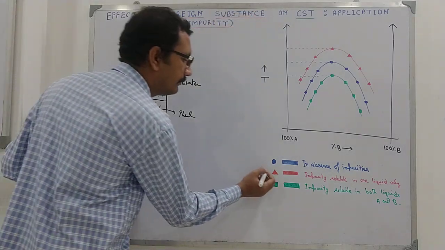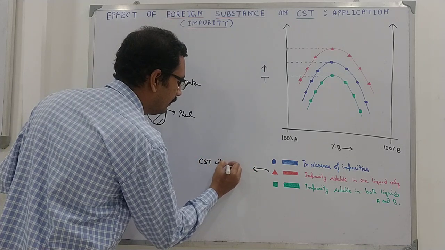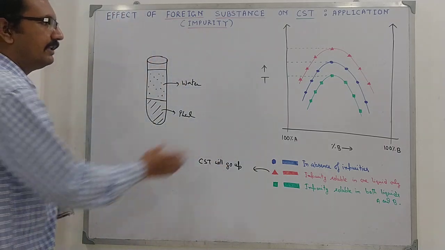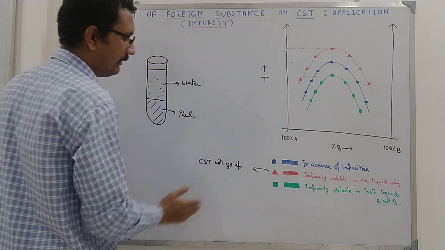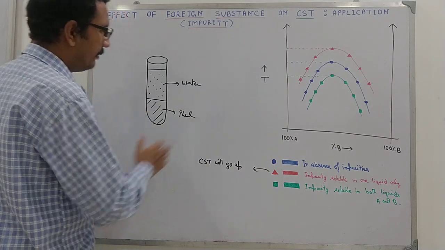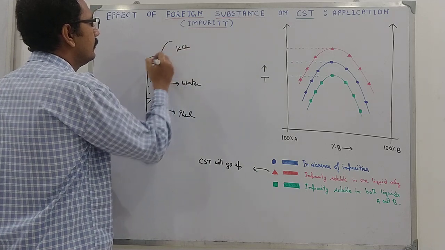So here CST will go up, that is, will increase. Up means here temperature is increasing in this direction, so CST will go up. Now an example of this is, if you add KCl here, what will happen?